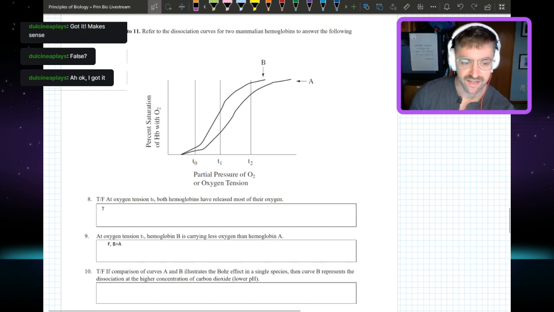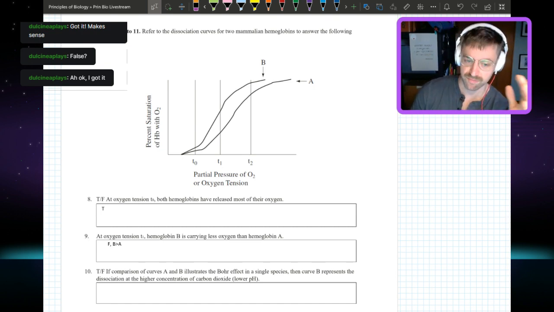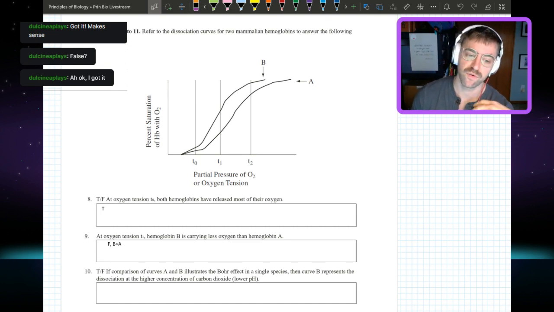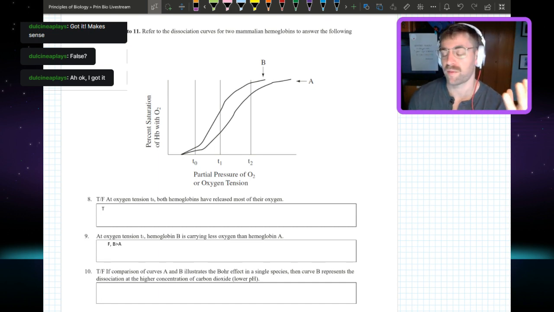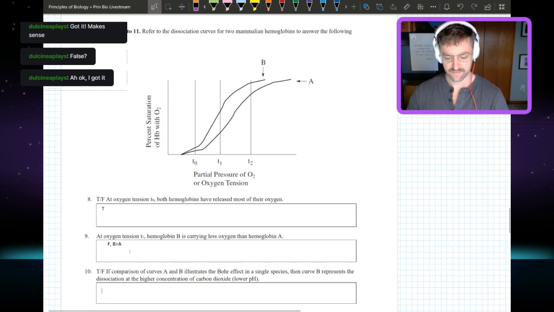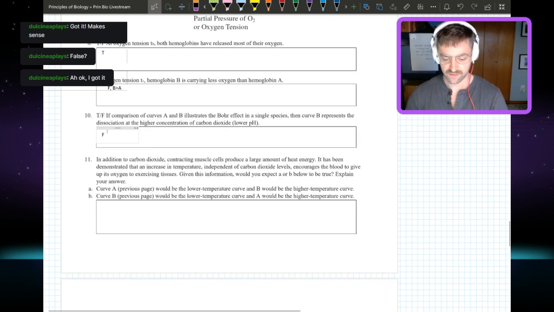So this is false. Higher carbon dioxide levels lower the pH. You would expect the hemoglobin to release more of its oxygen to the active tissues, and therefore curve A is probably a better representation of what happens under low pH. So false.